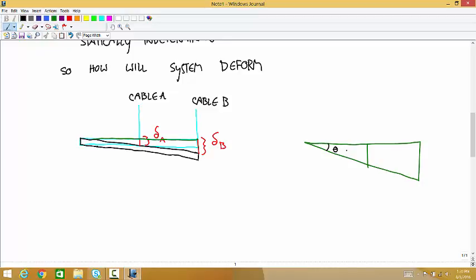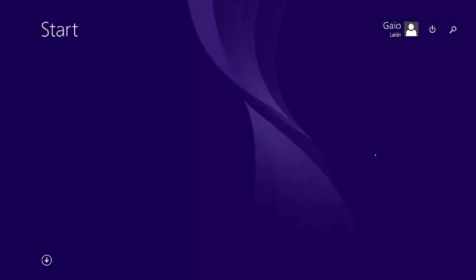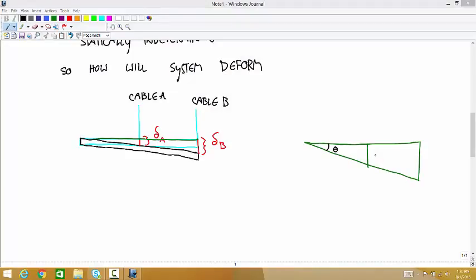This is the same angle. This length is delta A. This is delta B. This is 0.5.